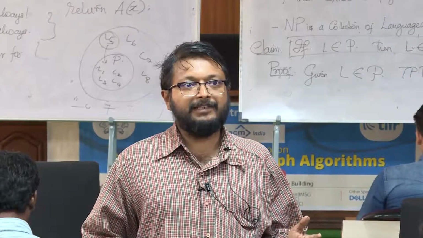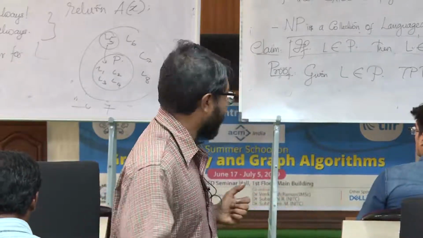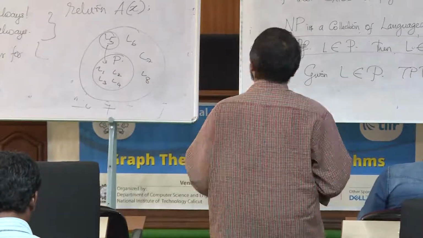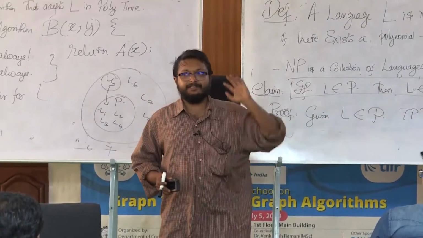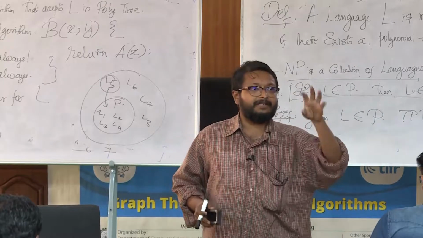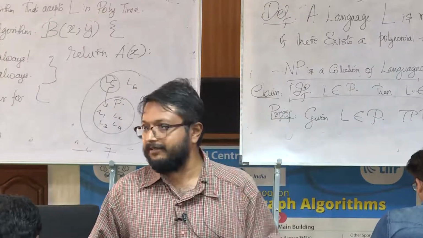NP minus P, whether it is non-empty itself is not known, right? Okay, we will introduce the graph problems maybe tomorrow. So the problem set is already uploaded where it is defined. There are a few problems like vertex cover, independent set, clique, etc. defined. We will start with this tomorrow.